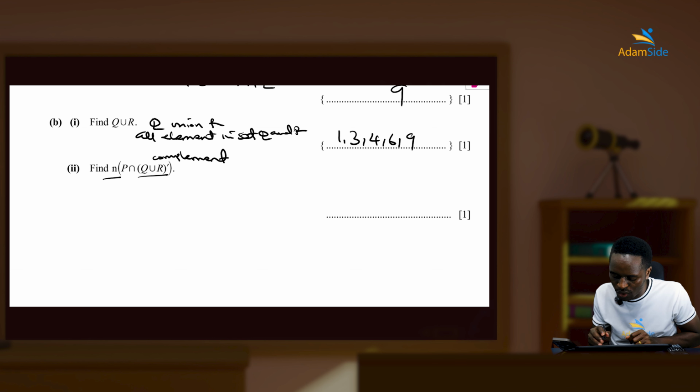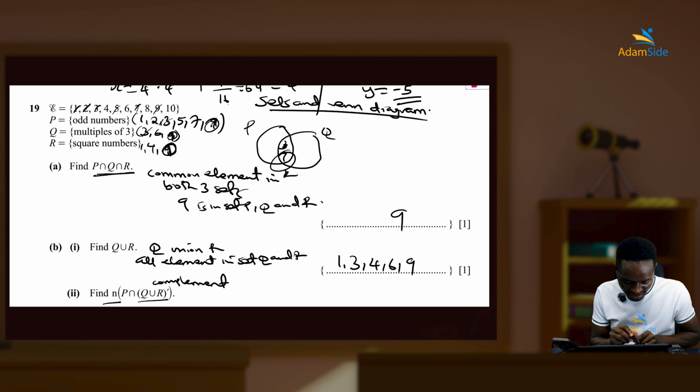Whatever is not in the union of Q and R but is in the universal set is the complement. This is called (Q union R) complement, which then intersects with P. Q union R is 1, 3, 4, 6, 9, so whatever is not there, we have 2.